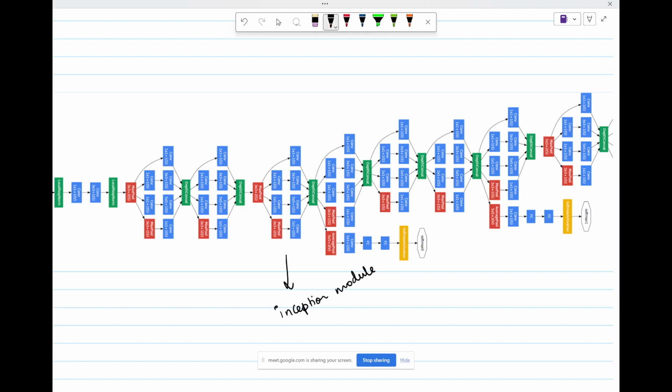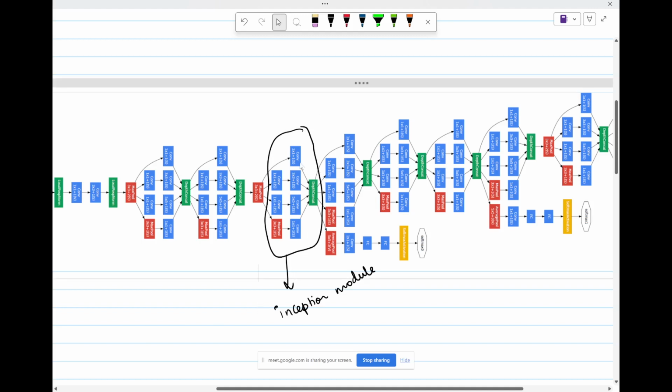It's only this part. So in this inception module, you have these 1x1 convolutions, and the same input is given to multiple kernels of different sizes. Multiple filters of different sizes are convolved with the same input.